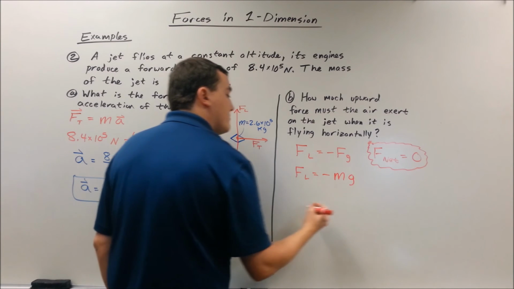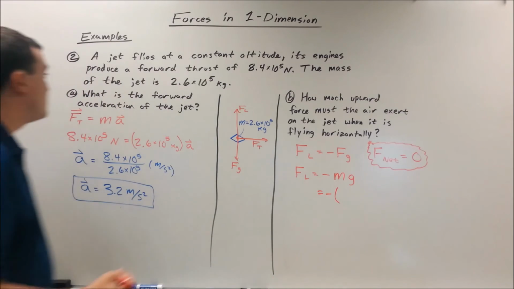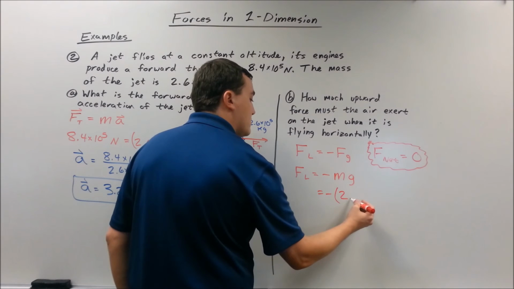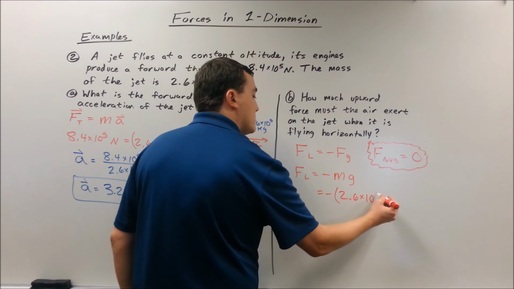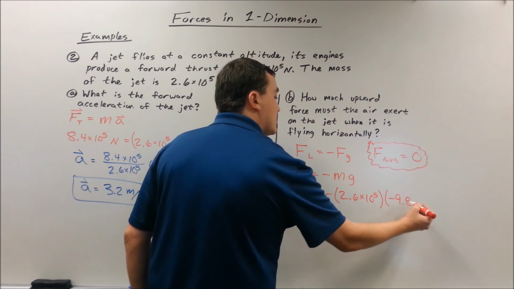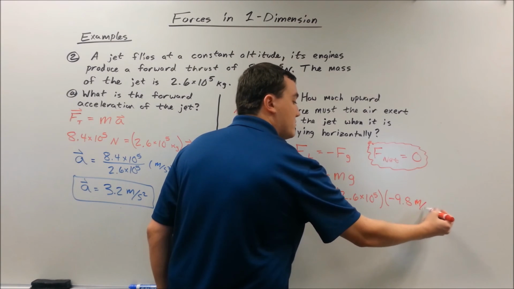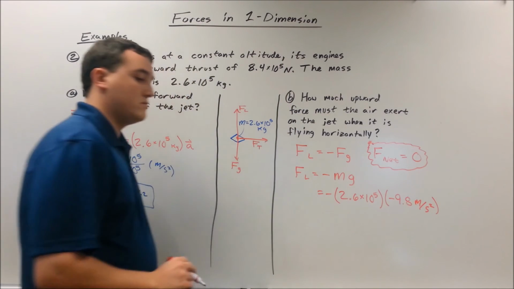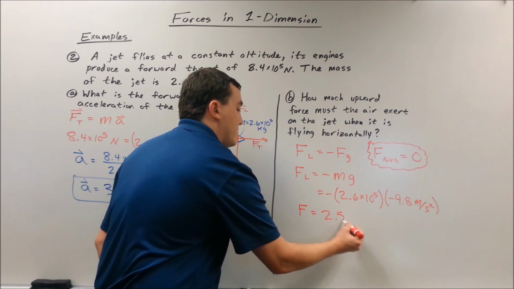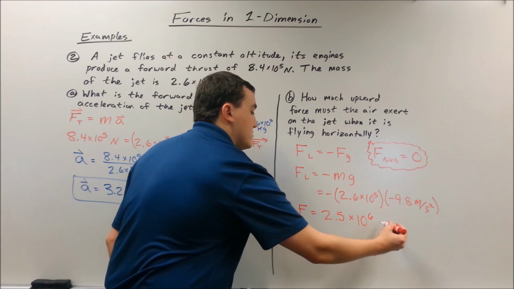So equals negative our mass, which is 2.6 times 10 to the 5th, times our gravity, negative 9.8, because it's acting in the opposite direction, meters per second squared. Our force of lift is 2.5 times 10 to the 6th power newtons.